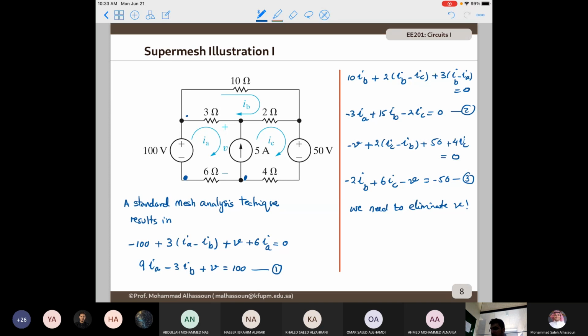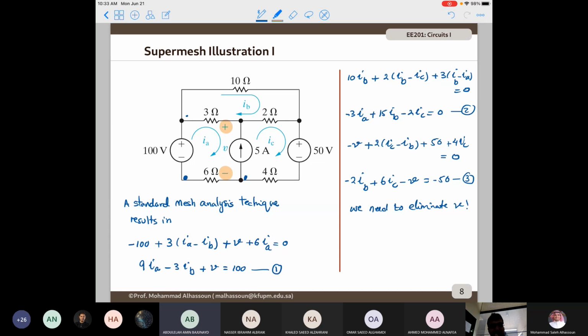Abdullah, question? Yes, Doctor, in IC, why is the voltage in the current source negative? Because we set the polarity for that. So we set the polarity for the current source to be something like this. So it is positive with the voltage rise. If the current is with the voltage rise, the voltage will be positive, and vice versa.